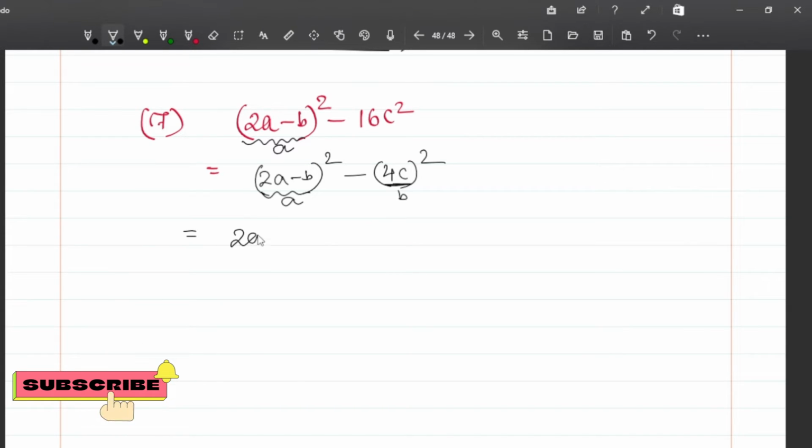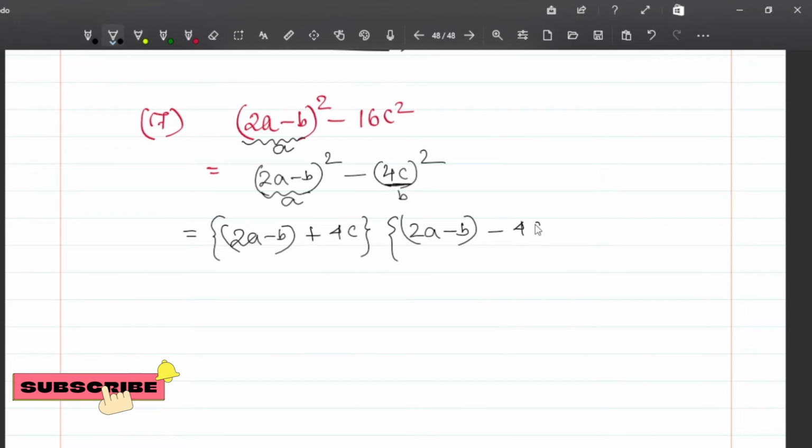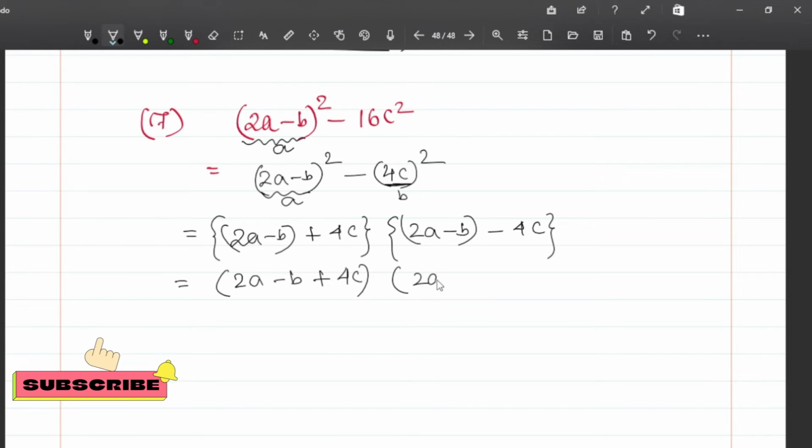So you can write a plus b within a bracket and a minus b. Just open the brackets and there are no like terms, so that is your answer.